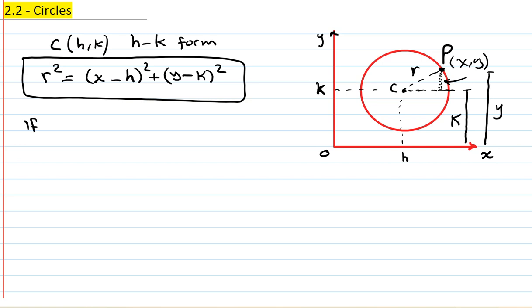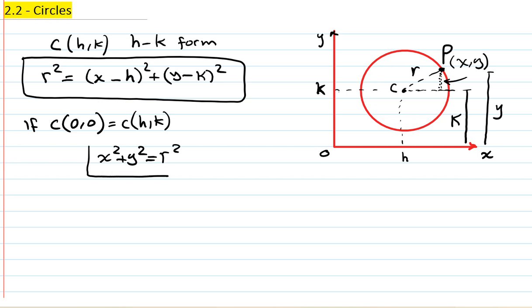Now, if the center of the circle is at 0, 0, then of course h and k would be 0, and we get the reduced version, x squared plus y squared equals r squared. This would be the equation of all circles that are centered at 0, 0.